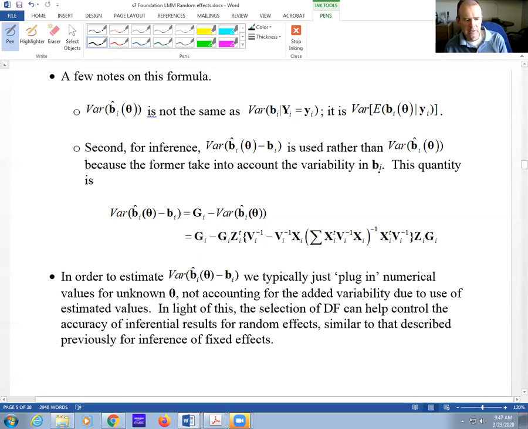Okay, so when you do the default t-test, if you add a random statement and you have the slash and then you write solution, you're going to get default t-tests. This is the variance that's going to be used in the denominator of those t-tests.